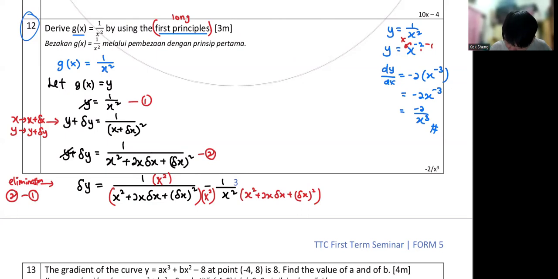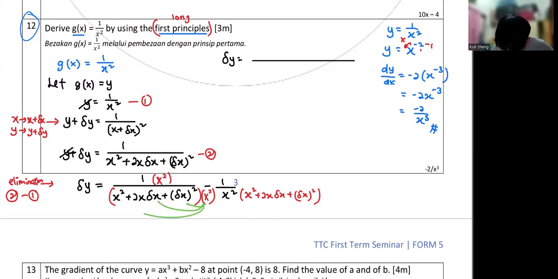Okay, let's go. So bottom expand: x power 4 plus 2x cubed delta x, and the last one plus x squared delta x squared.